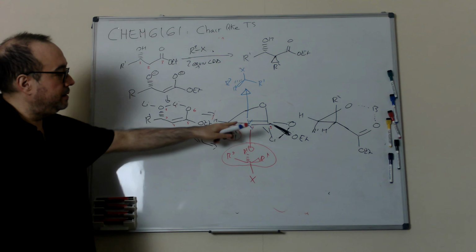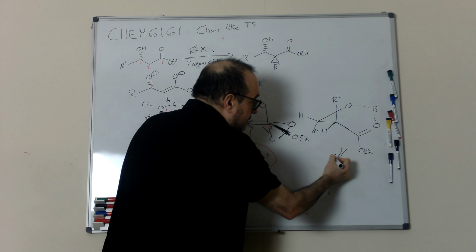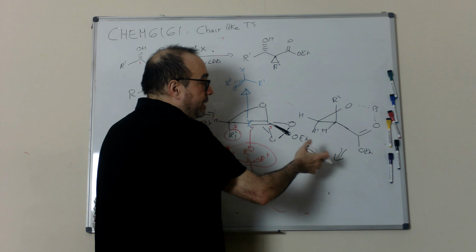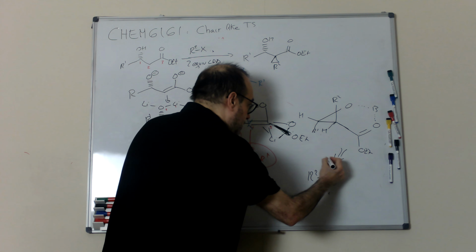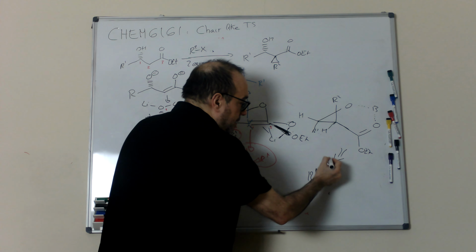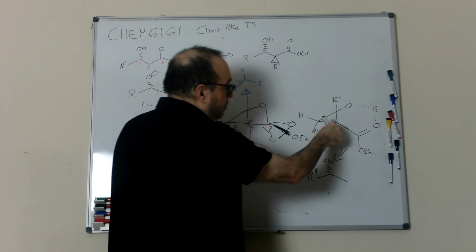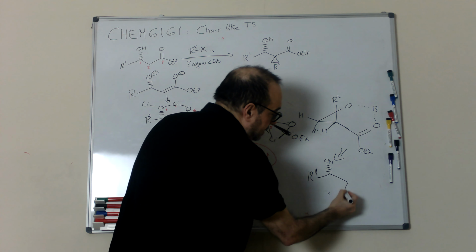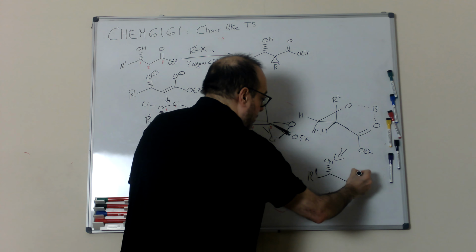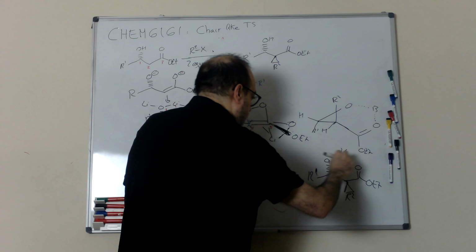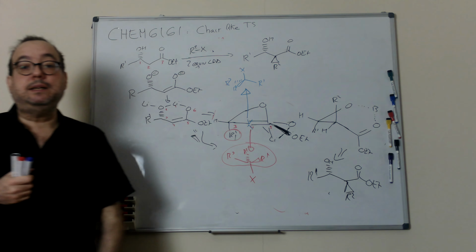This will be when this position attacks this position. If we draw it in the normal projection, we will have R1, this R1, the wedge inside, like at the beginning, this is never changing, and when we arrive here, the R2 is coming to us. That means that we will have the anti product.